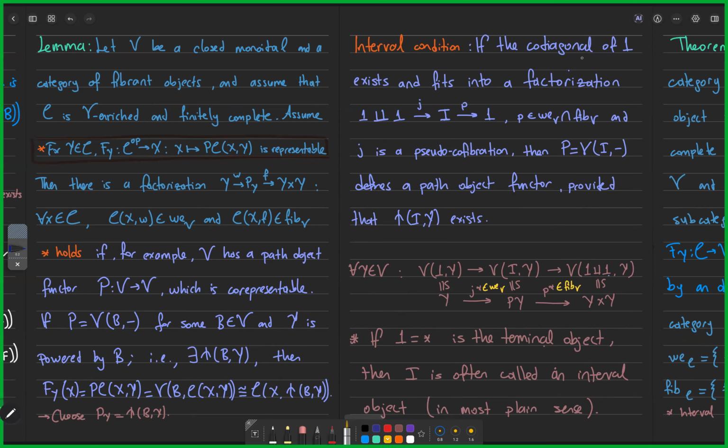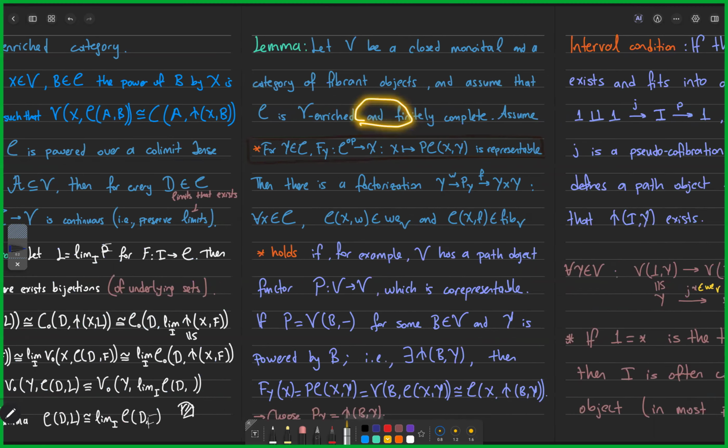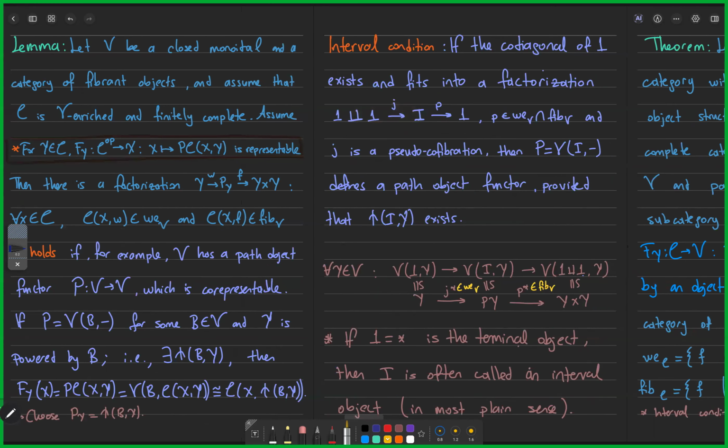So if the codiagonal of the tensor unit exists, so we have here the coproduct 1 coproduct 1, which is the coproduct in the enriched case, this object co-represents X times X, for example, the functor that sends X to X times X along the diagonal.